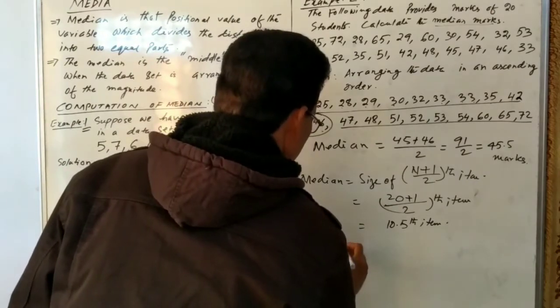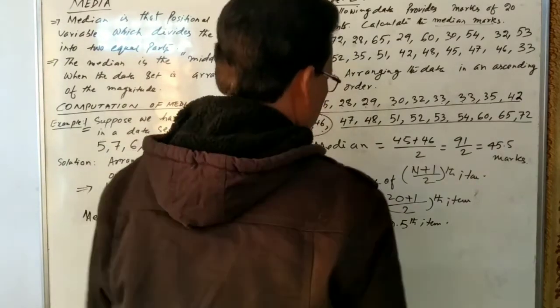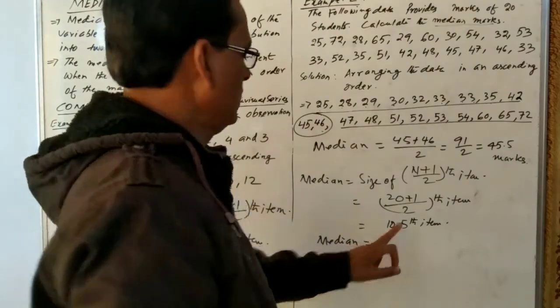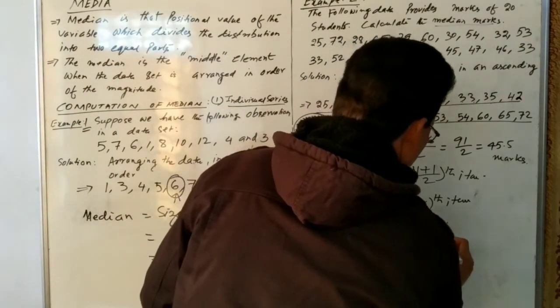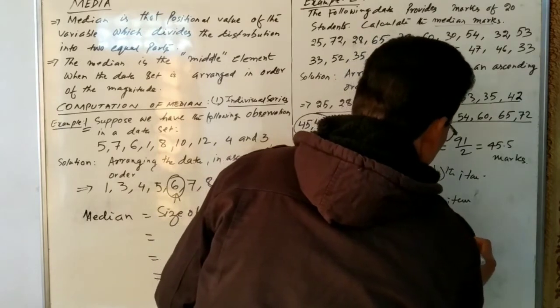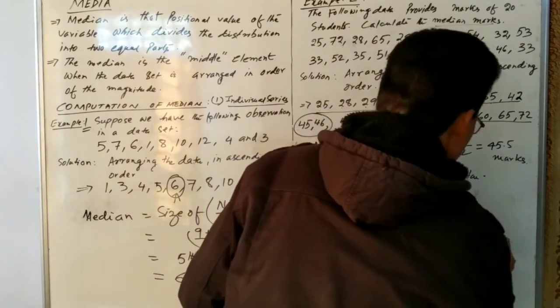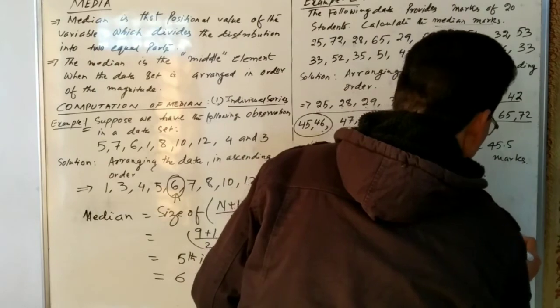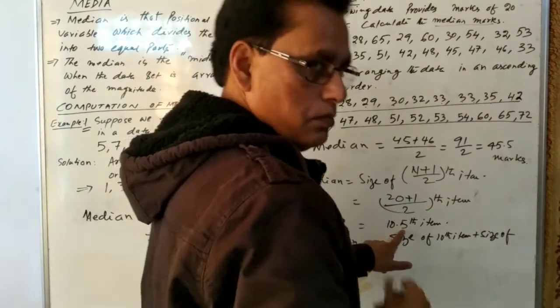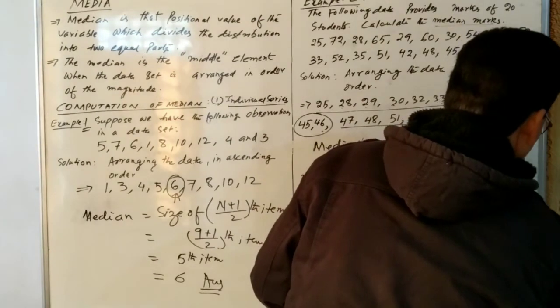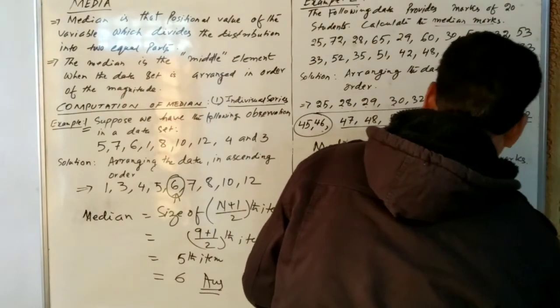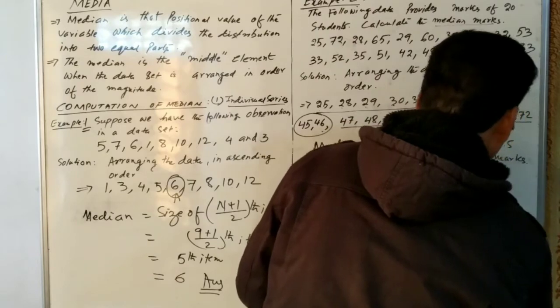Median is equal to size of 10th item plus size of the 11th item, and this whole divided by 2.